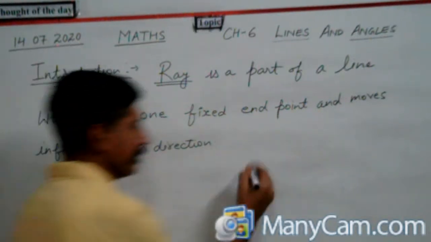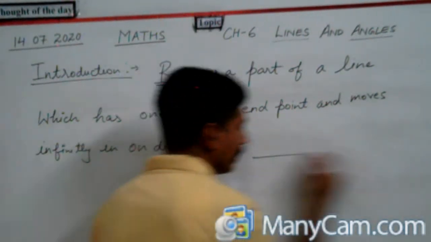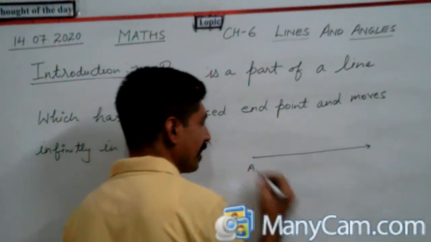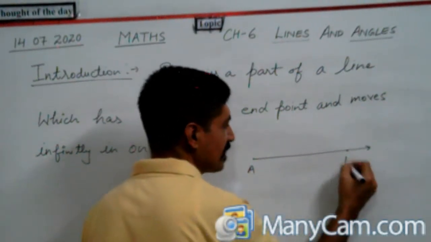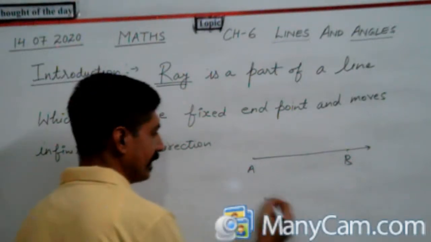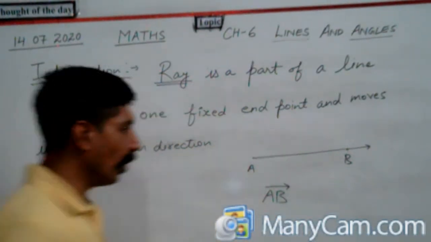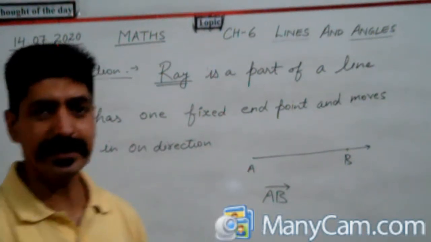Like here, the part of the line where the fixed end point is A and this point is B, we denote that as ray AB, with an arrow in only one direction, right?